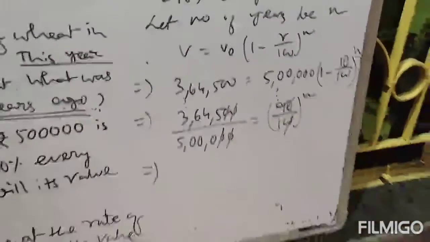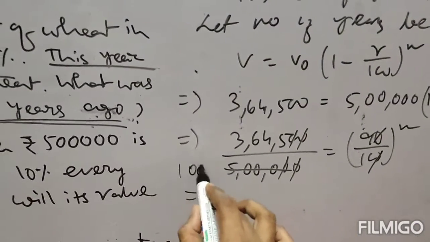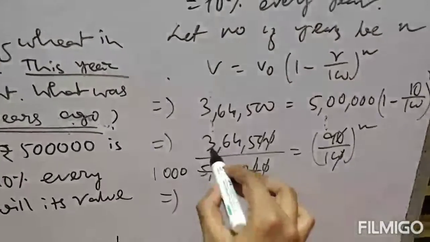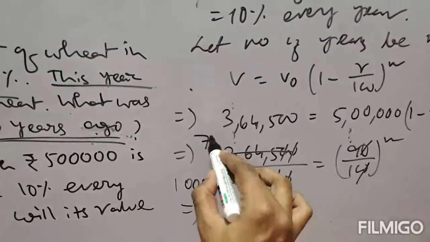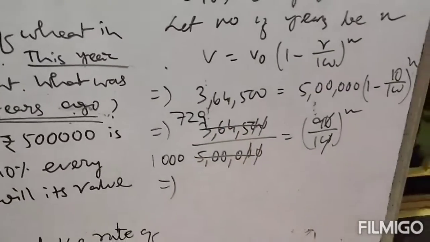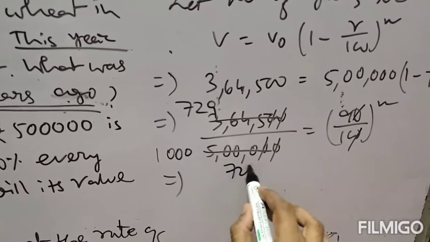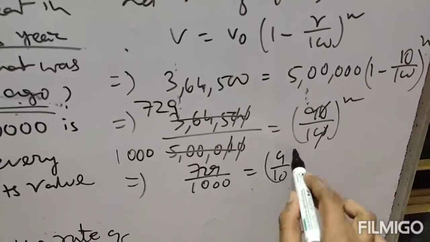So this is 9 by 10 to the power n. Now reduce it. 5 7s are 35, 5 2s are 10, 5 9s are 45. So this is 729 by 1000. 729 by 1000 equals 9 by 10 to the power n.